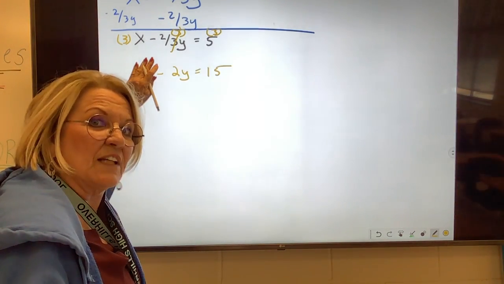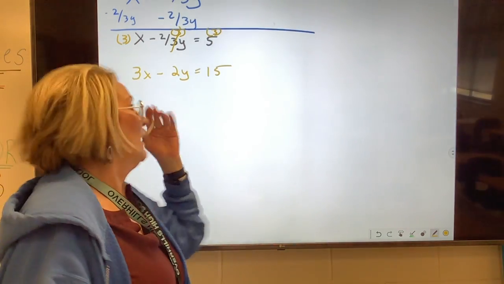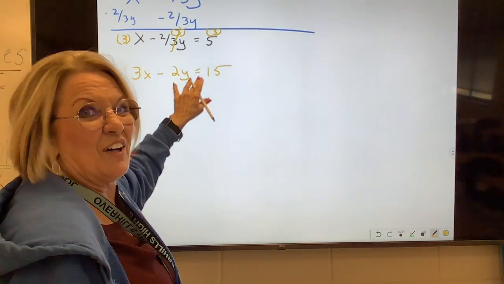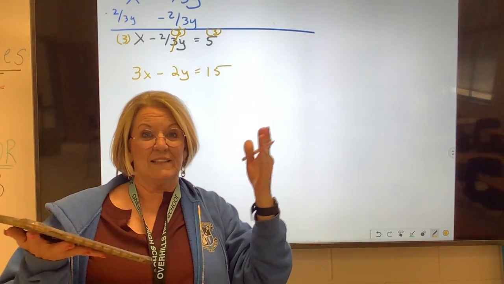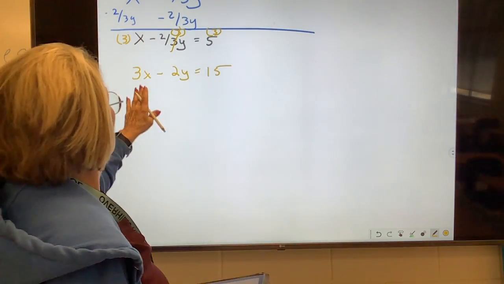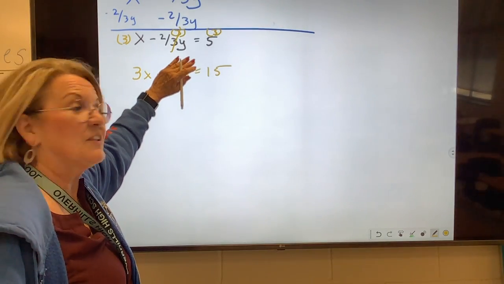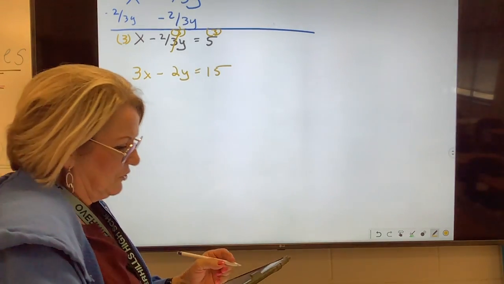Though I can graph a decimal, and if I had to, I would, but I would get a decimal of 7.5, so you'd have to put it between 7 and 8, which is fine, you can do that. But on this one, if I covered that up and solved for x, x would equal 5, because 15 divided by 3 is 5. So I could do that.